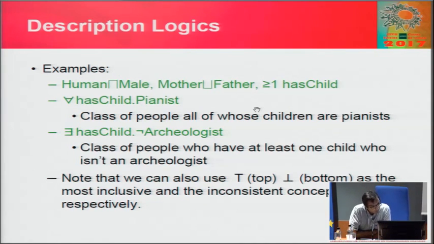And in the other example, we use the exists quantifier with the has child property and the class of archaeologist, but with the negation in front of it, to create the class of people who have at least one child who isn't an archaeologist.